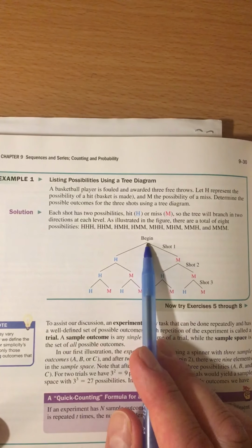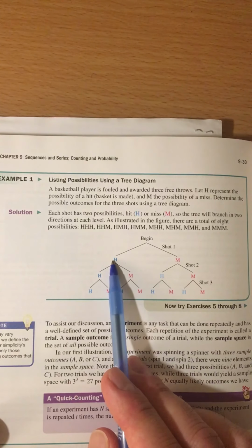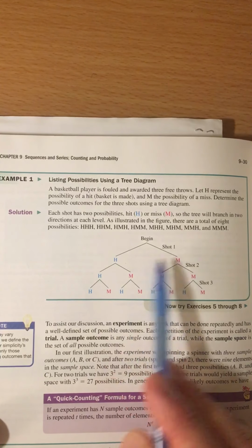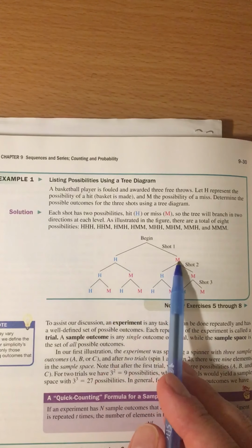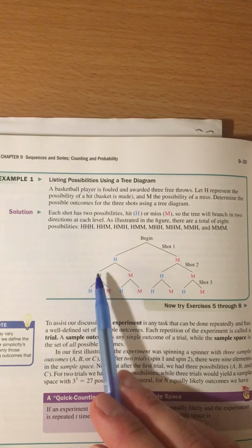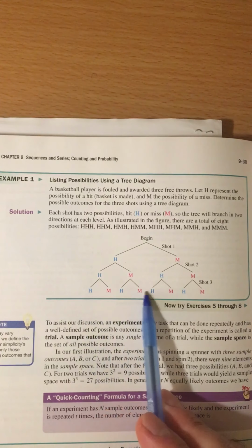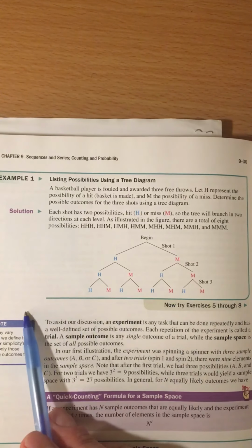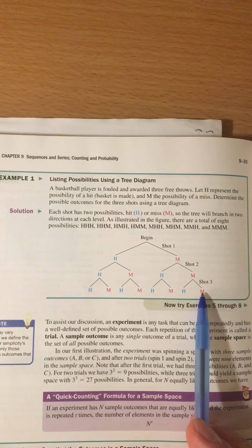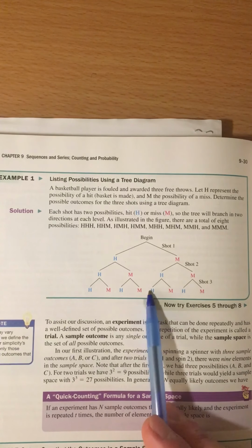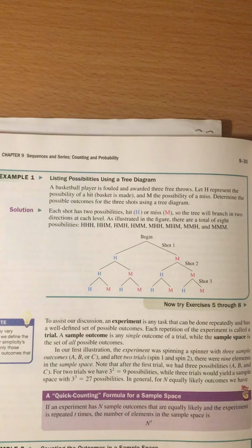The first shot, the basketball player can either miss it or hit it. Second time, hit or miss. Third time, hit or miss, and so forth. So you just count the end of the branches. So how many possibilities can you have? 1, 2, 3, 4, 5, 6, 7, 8. 8 different possibilities.